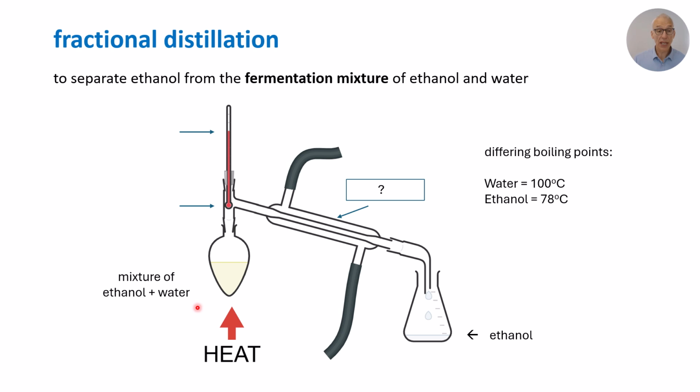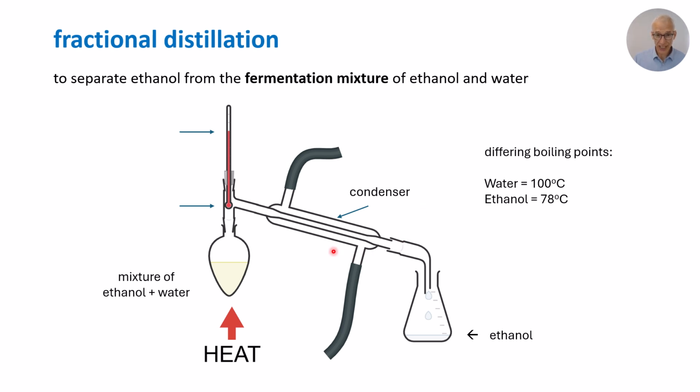So having obtained a mixture of ethanol and water from the process of filtration, we need to set up for fractional distillation of that mixture, which will separate the water and the ethanol on the basis of them having differing boiling points. So here's the experimental setup. What is the name of this piece of apparatus? Okay, it is a condenser.